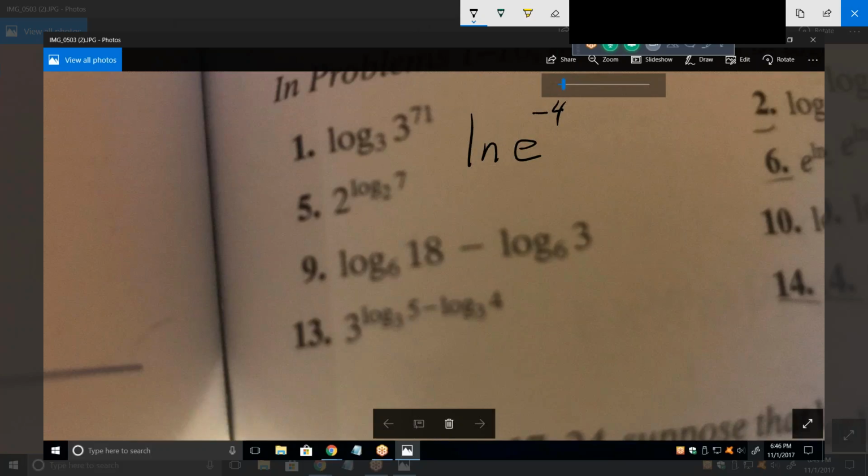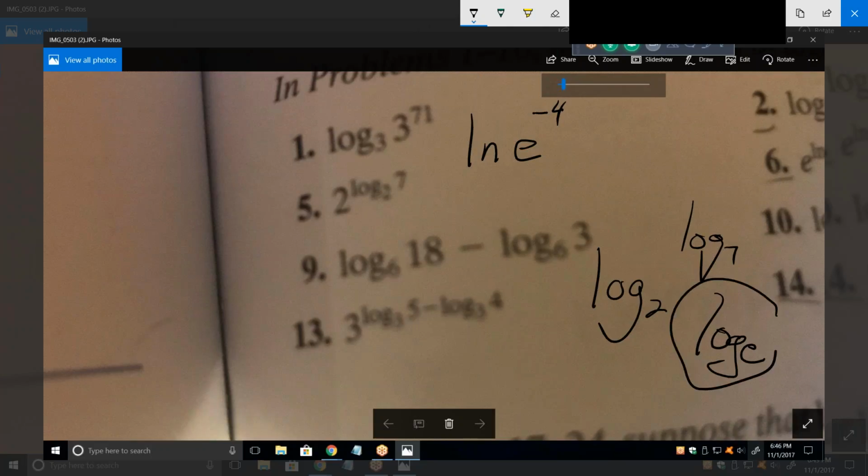First of all, what's natural log mean? Isn't that just log? Is that log base e? In other words, you can have log base 2, you can have log base 7, you can have log base e, e being the number 2.71. That is written natural log. So when you see natural log, it's the log base e.